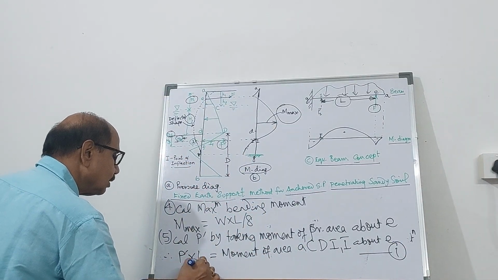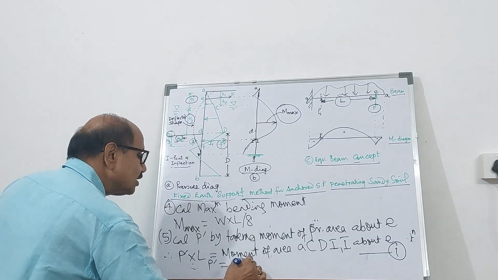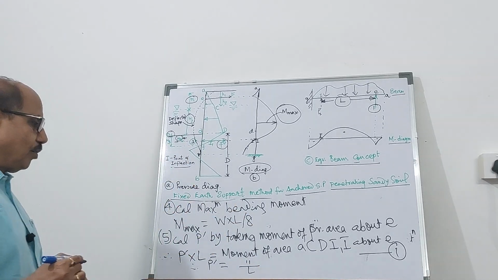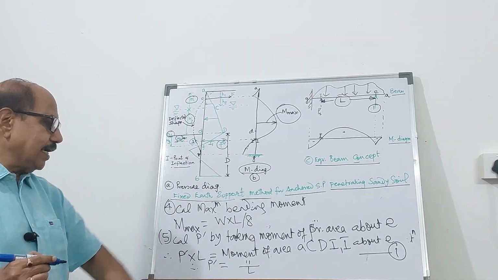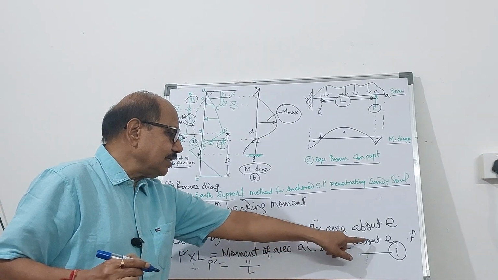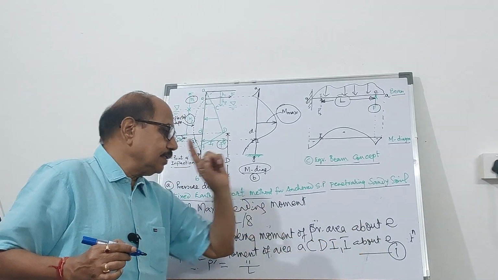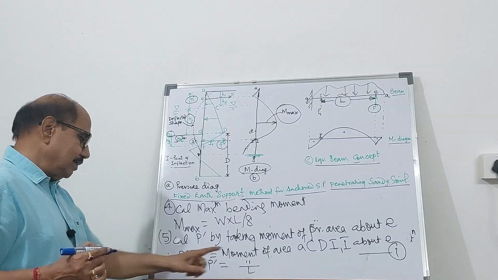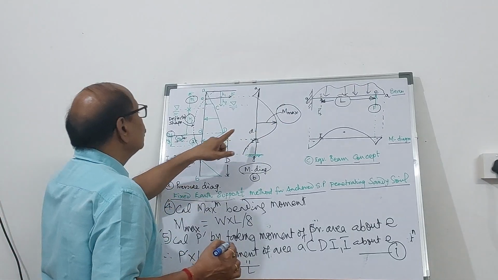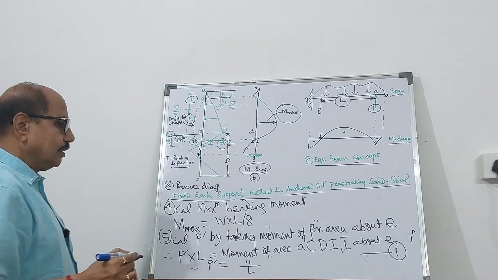Therefore, you can find out P prime equal to this divided by L. So the moment of the area A, C, D, I1, I, this pressure about the point E divided by L will give you the force P prime. So P prime can be easily calculated.